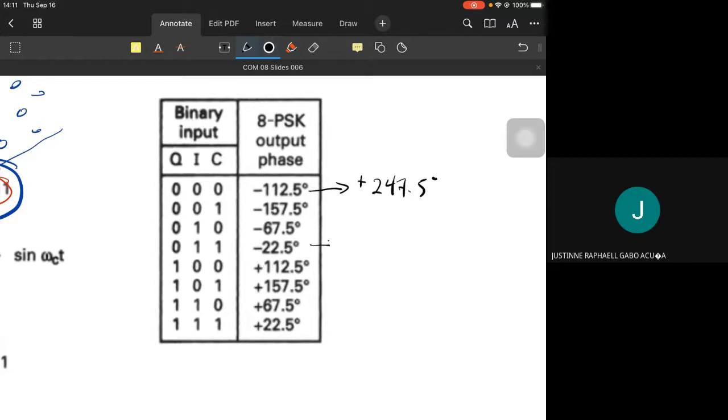So this is correct, no? It's correct, negative 22.5.